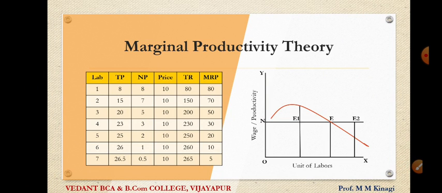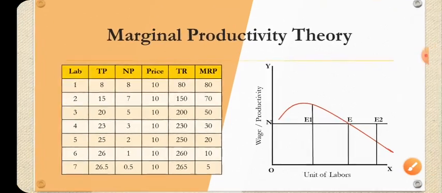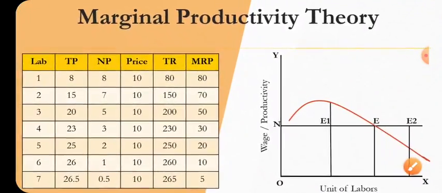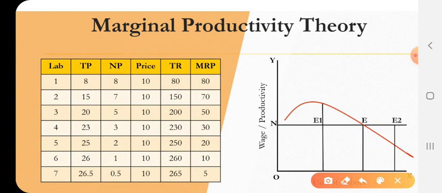With the help of the chart, you can understand properly. There is very much clarity here. Sorry, I'll just zoom it for you. Hope you can see it. Here labor is 1, 2, 3, 4, 5, 6, 7.